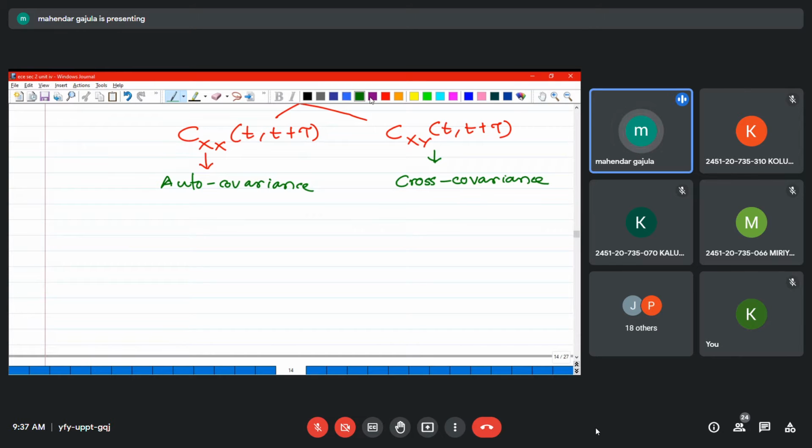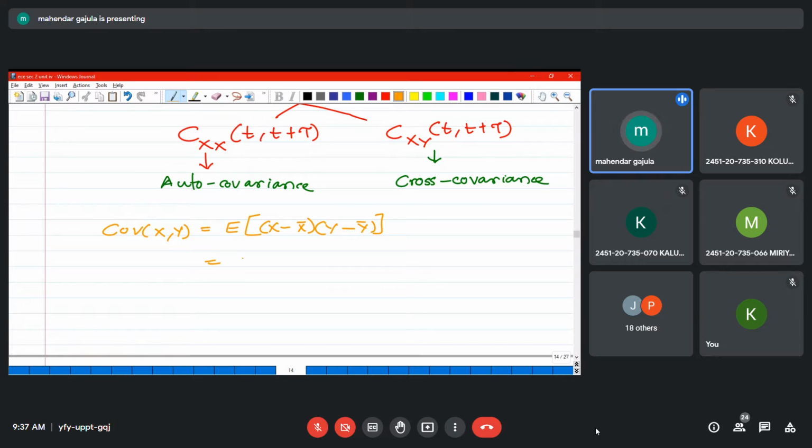Before that, I'm going to write the formula for random variables. So covariance of x comma y. What is the formula for this? Basically, it is the expectation of x minus x bar times y minus y bar.